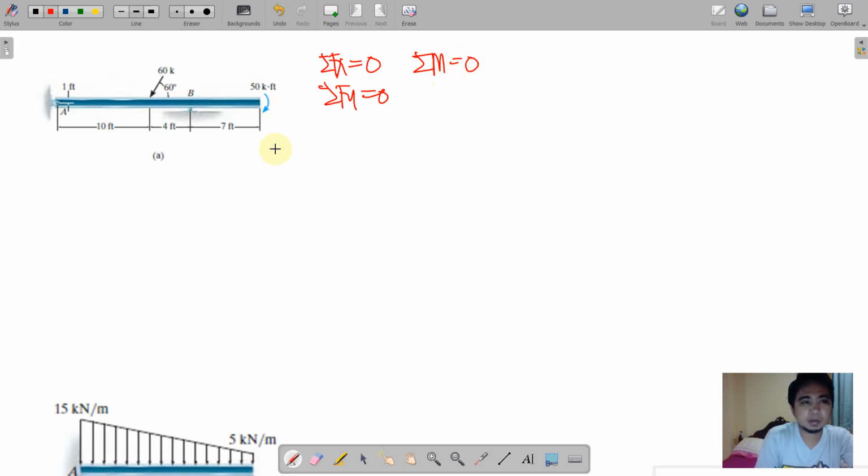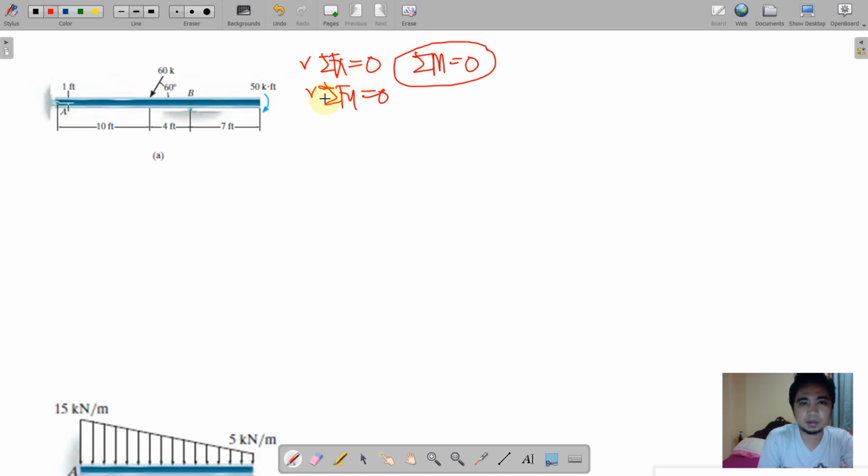Normally, kung meron tayong beam, usually ang ginagamit natin is summation of moments at both supports, performing these summation of moments sa bawat support, and then we will have a check mechanism, either using summation of forces x or summation of forces y.